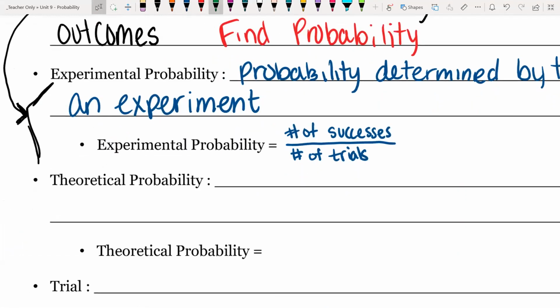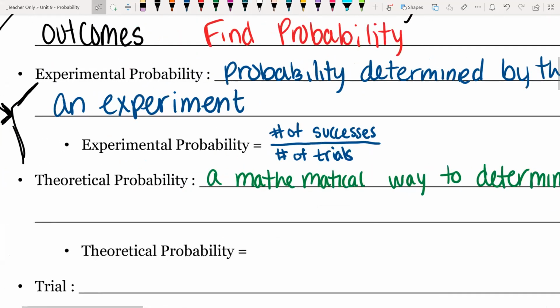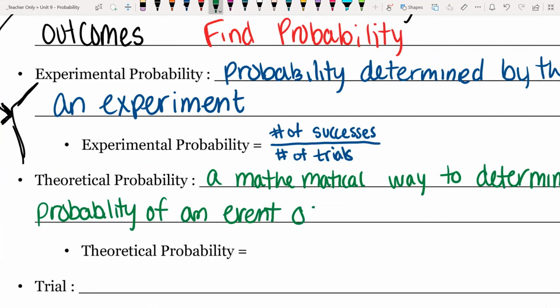Theoretical probability is kind of what we've done before. It's a mathematical way to determine the probability of an event occurring.